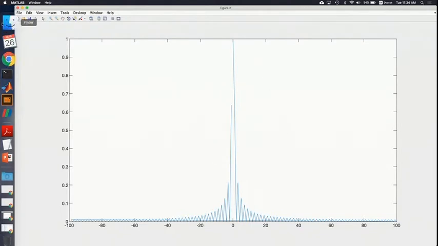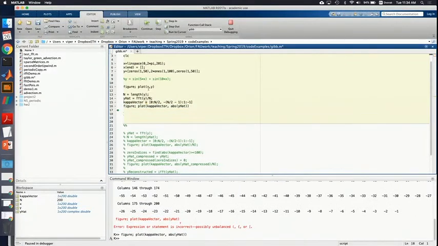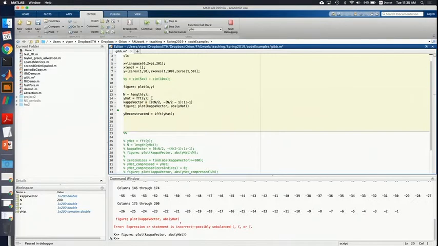And let's see what happens when we remove them. So first, let's go back from y hat to reconstructed y. So y reconstructed equals inverse FFT of y hat. And what will happen if we plot that?